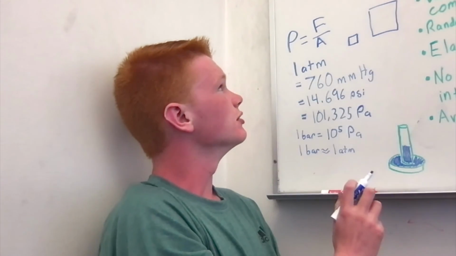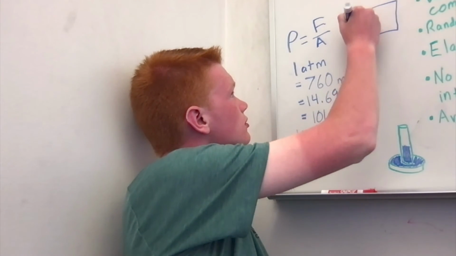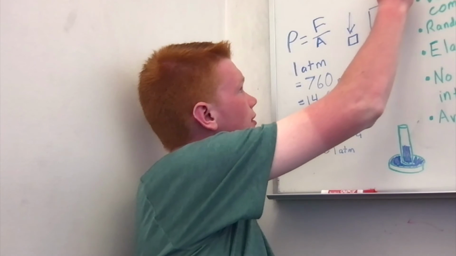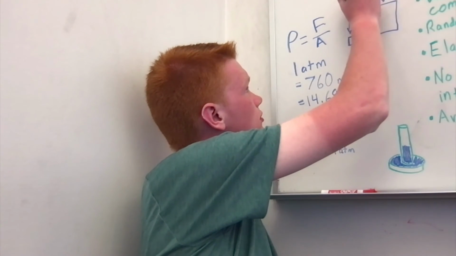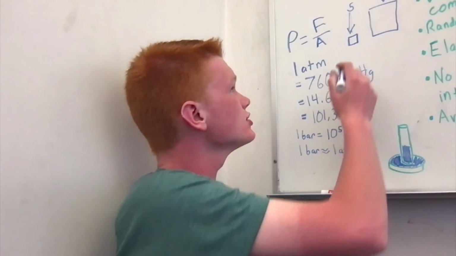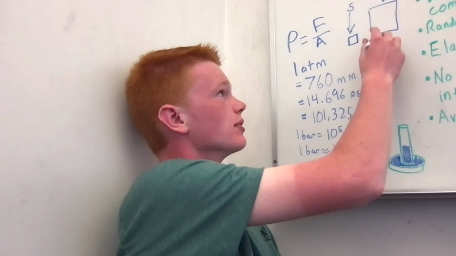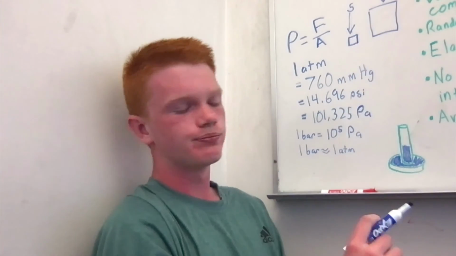Let's say you apply 5 pounds of force to both of the areas. So you have the same amount of force, but for this one you have a ton less area than this one. This has a lot more area.